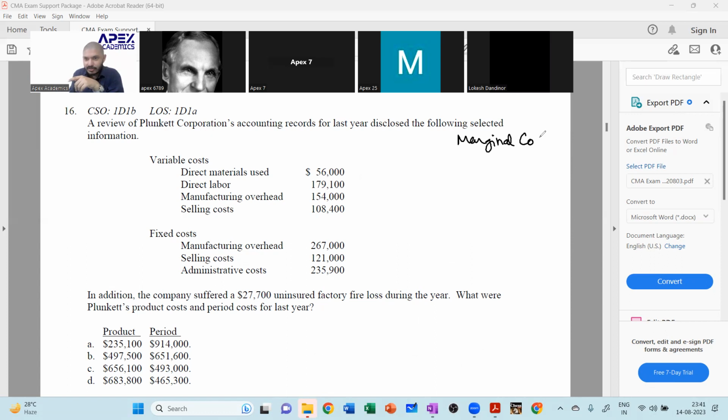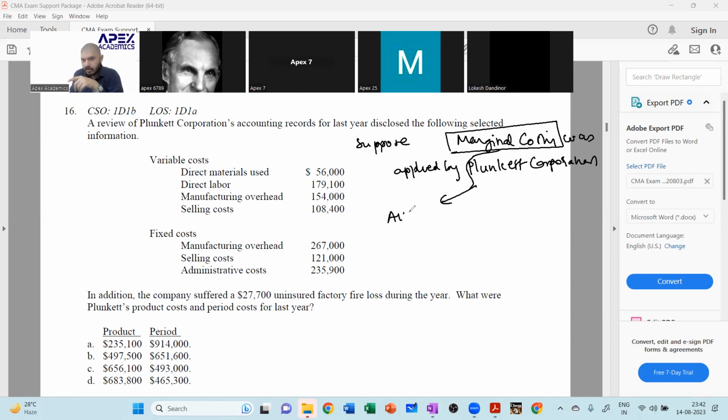So suppose marginal costing was applied here by Plunkett Corporation. Now, under marginal costing, what you need to understand is that all variable manufacturing overheads are product costs.